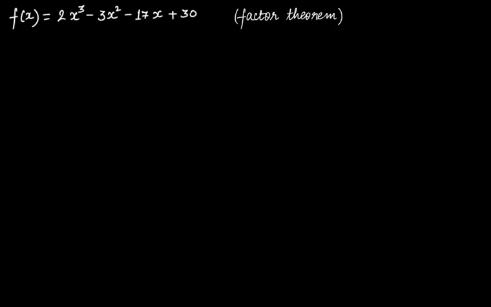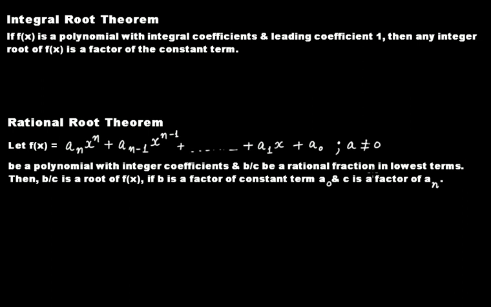So in this case we have 2, we have minus 3, we have minus 17, we have 30. All these are integer coefficients. Okay, then if b by c is a rational fraction in lowest terms, then b by c is a root of f(x) if b is a factor of constant term a0 and c is a factor of an.